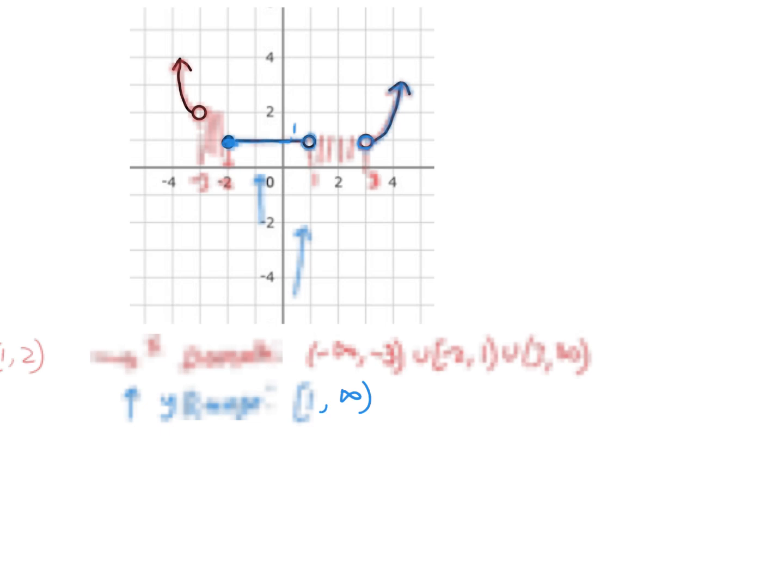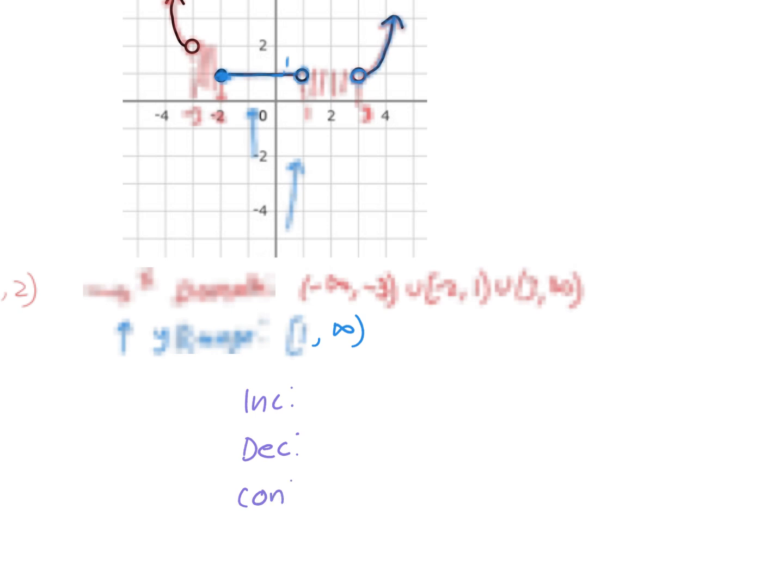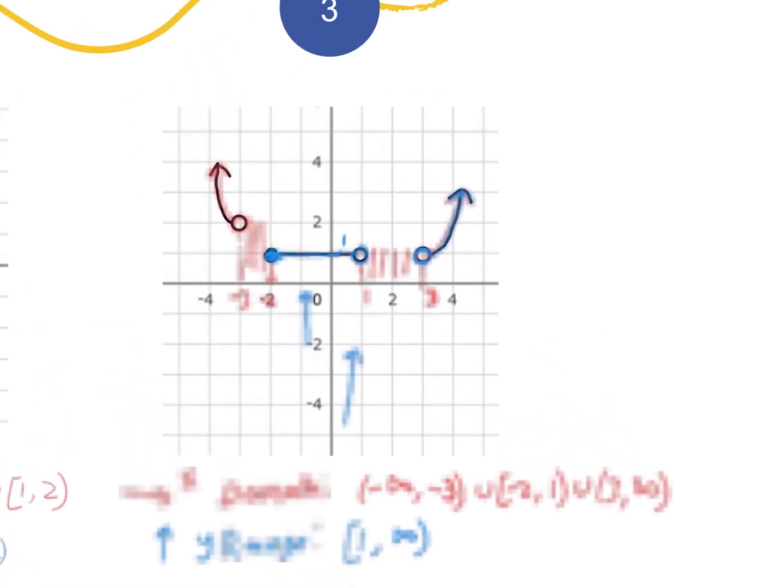All right, and now let's look at increasing, decreasing, and constant. So let's look on our graph, and let's go from left to right. Coming all the way from the left, notice that we start at this little arrow right here.